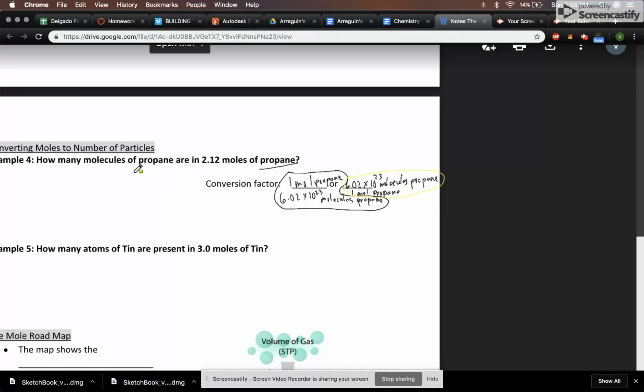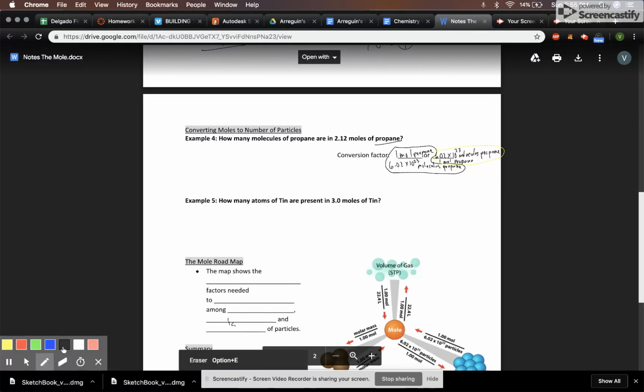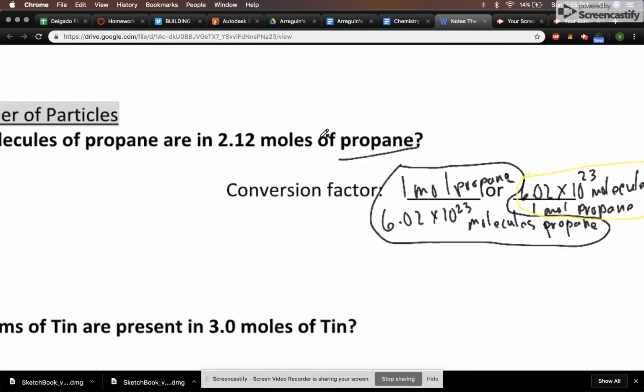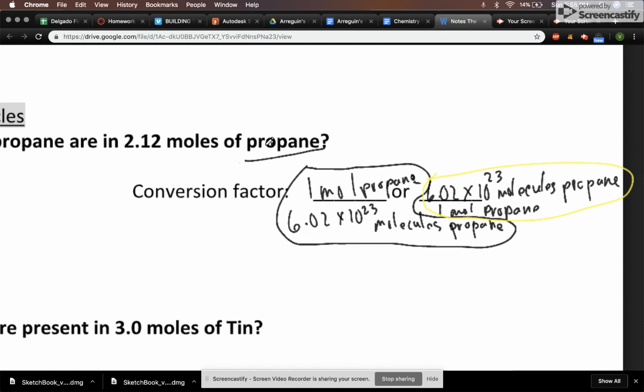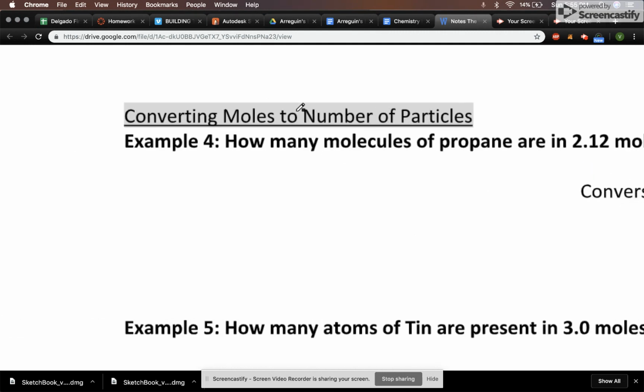Let me get my black marker again. We can say propane is C3H8.